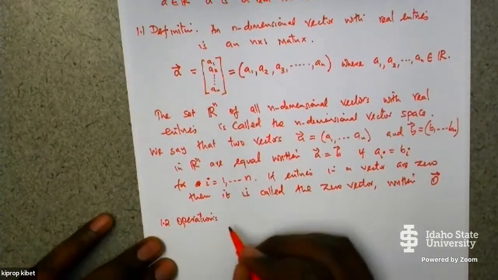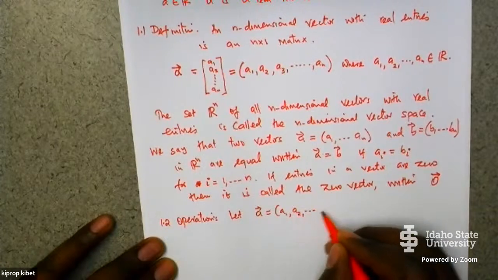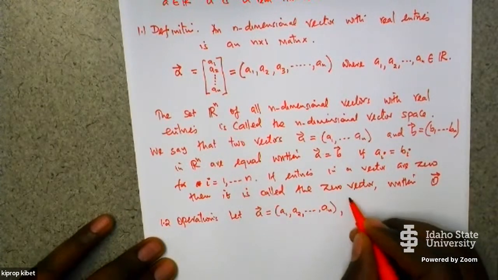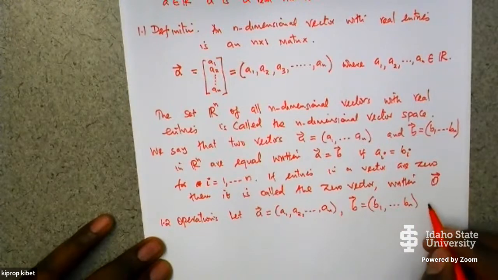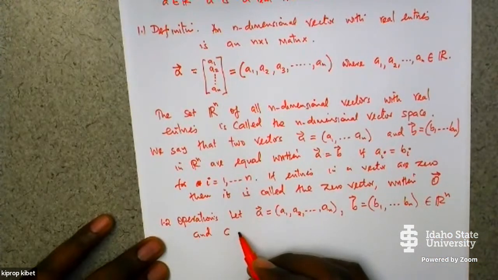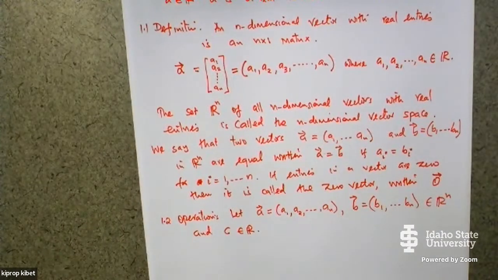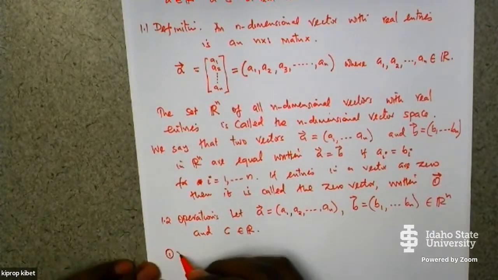If we let A = (A1, A2, ..., AN) and the vector B = (B1, ..., Bn), and all these are elements of R^n, and c is the scalar, which is an element of the real numbers. So c is a scalar, not a vector; A and B are vectors.